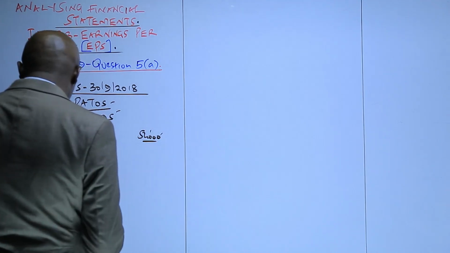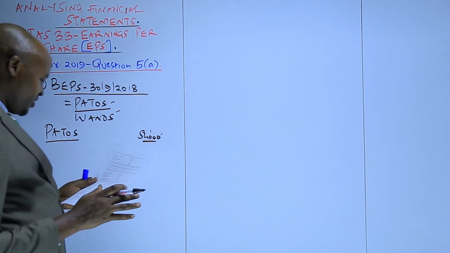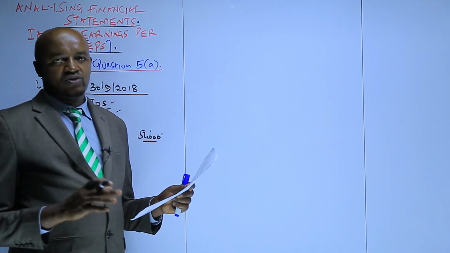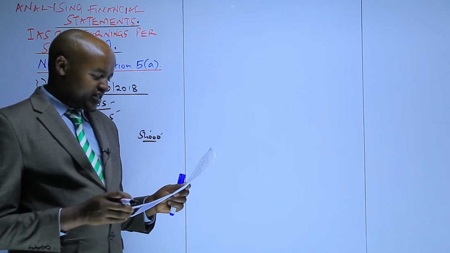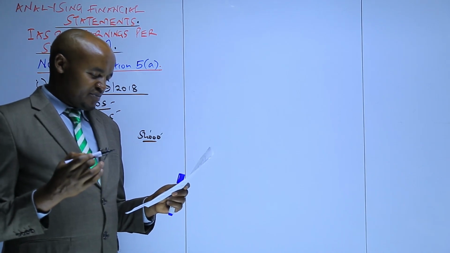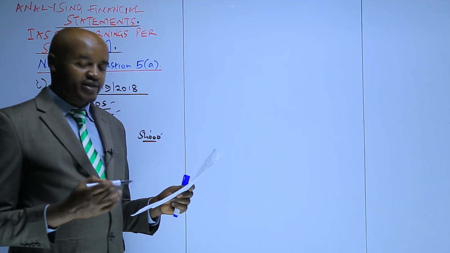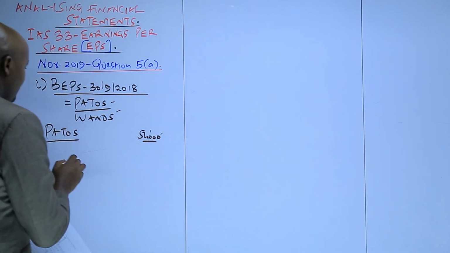What you're given in that question, we don't have the profit after tax, but we have the profit before interest and tax. So for us to get the profit after tax, we take that profit before interest and tax, we less interest, and also we less the tax, so that we get the profit after tax.